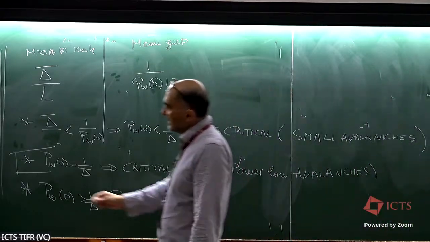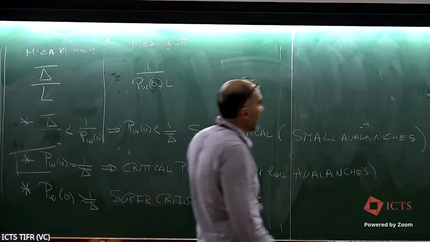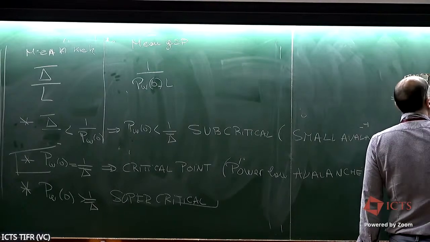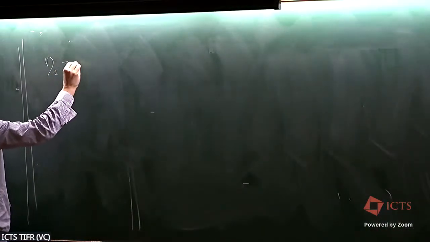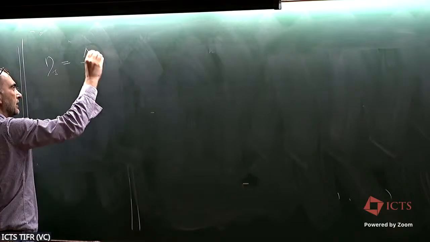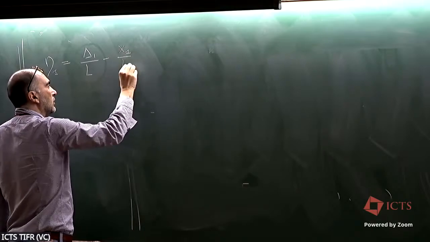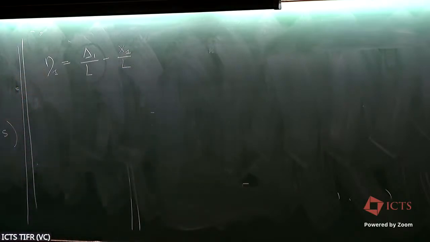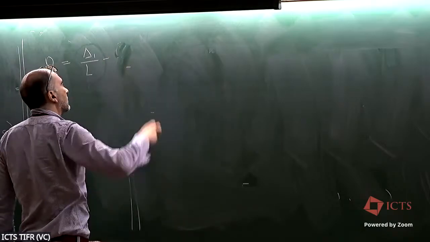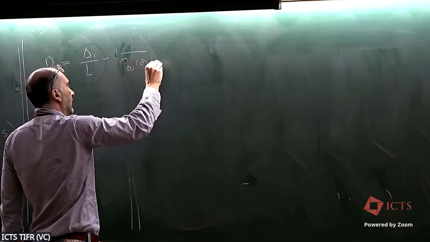So let's go back to this. Let's define random numbers which are IID. Let's define eta1 equal delta 1 divided by L. This is the kick. And this is the point you want to reach. No, sorry, I don't want to do that. I want to do 1 over PW0 L. So this is the gap.